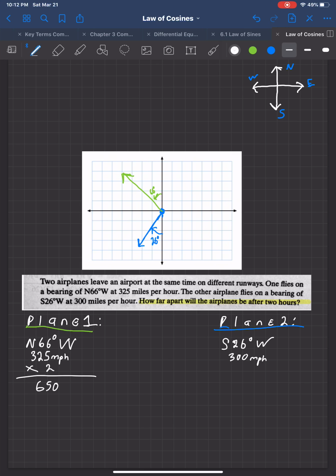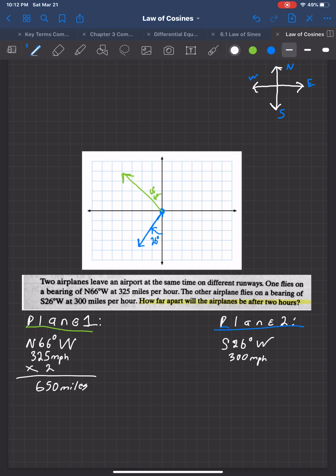Now, if you're asking me the physics of how this is working, how did these individuals in this plane just instantaneously start traveling at 325 miles per hour without everyone on the plane either suffering from massive whiplash or dying?